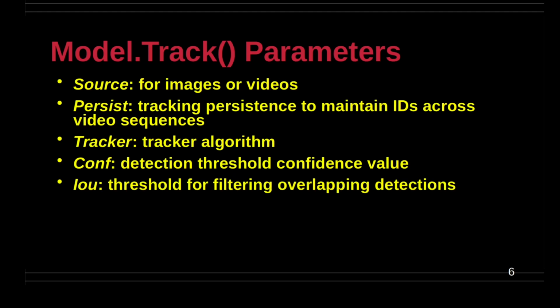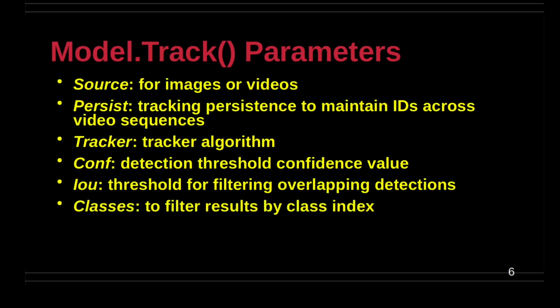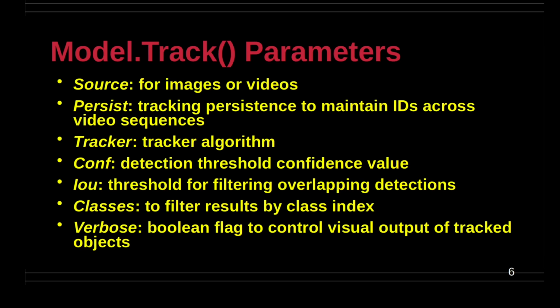Conf sets the confidence threshold for detections. Lower values allow more objects to be tracked, but may include false positives. Intersection over union, IOU, sets the intersection over union threshold for filtering overlapping detections.